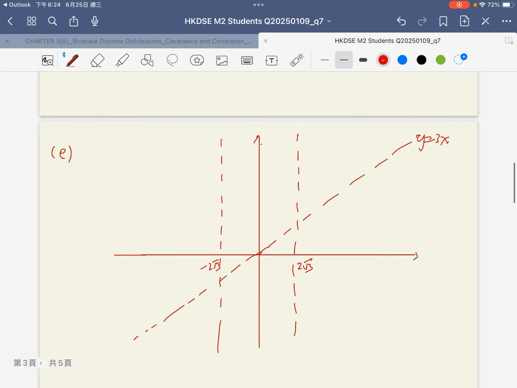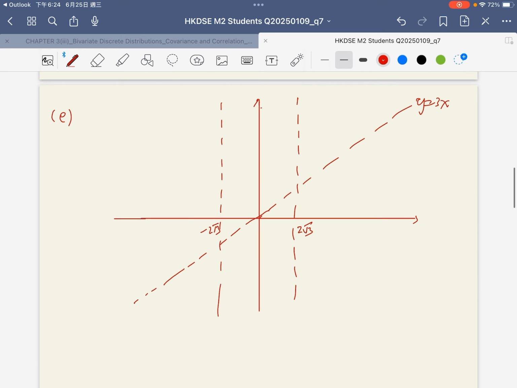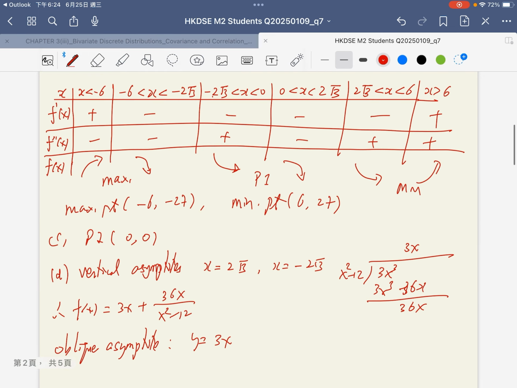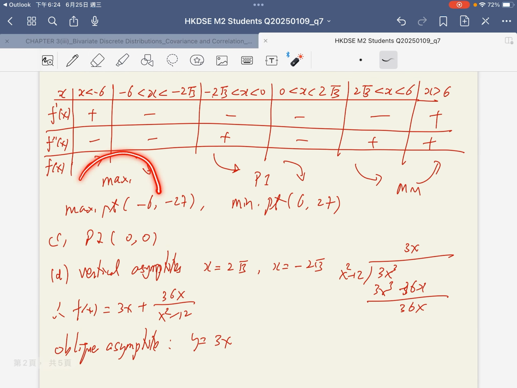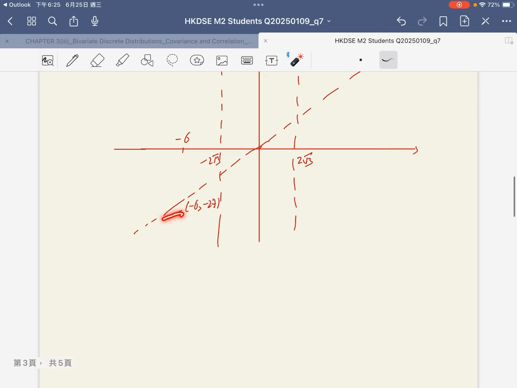And then the next step is to draw the maximum point and minimum point. The maximum point is negative 6, negative 27. The shape of the graph should be like that.